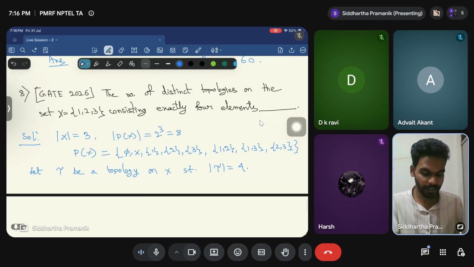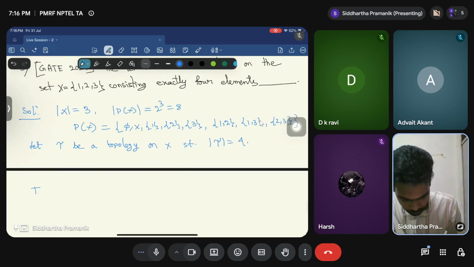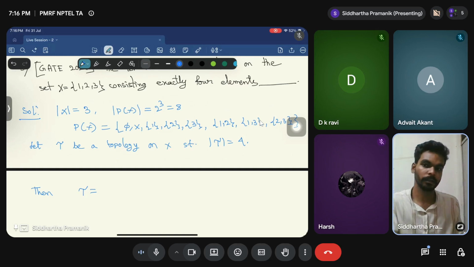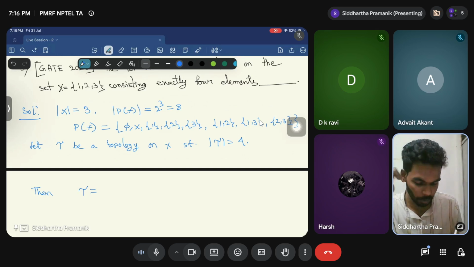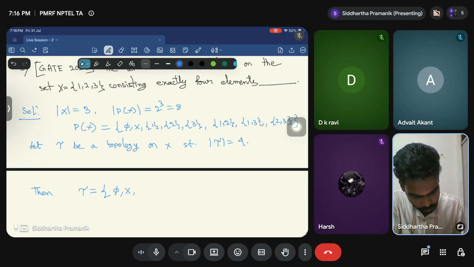Then let's analyze the structure of tau. So there are two obvious elements of tau, which are the empty set and the whole set. And suppose the other sets are A and B.